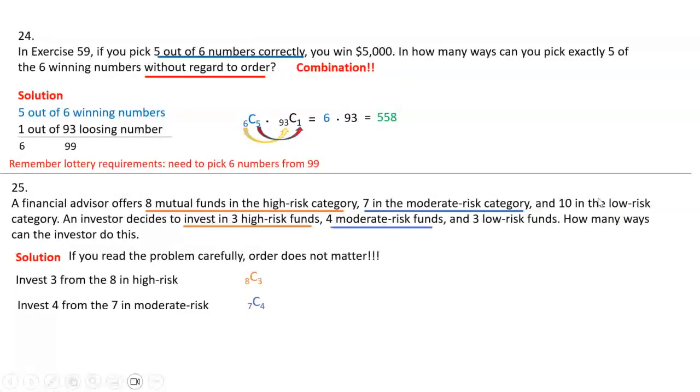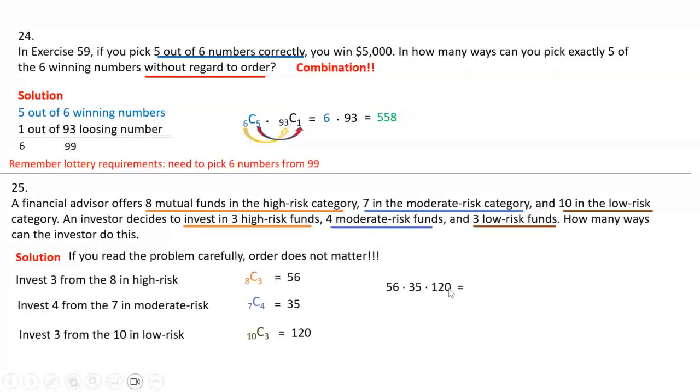And finally, from the low risk, there's 10, and you want to invest in 3, so it'll be 10 combination 3. 8 combination 3 gives us 56 in the calculator, 7 combination 4 gives us 35, and 10 combination 3 gives us 120. So we multiply all those numbers: 56 times 35 times 120 gives us 235,200. And that's the last problem for this exam review, I believe.